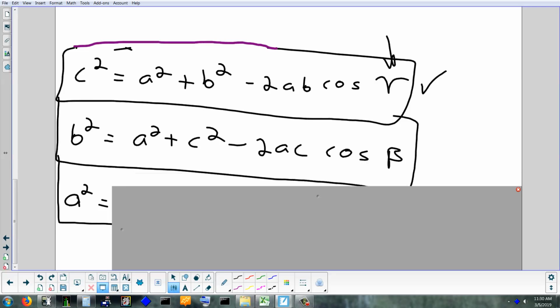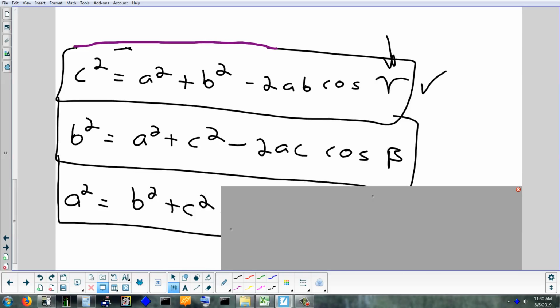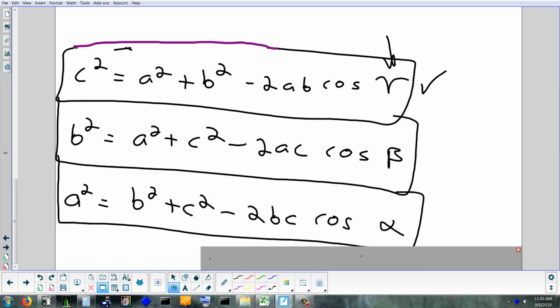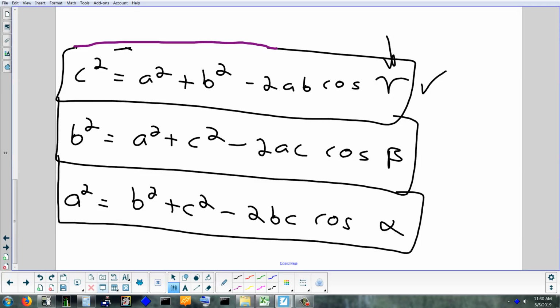And how about the last version? A squared equals b squared plus c squared minus 2bc cosine alpha. Yep. And you plug into whichever formula you have enough information to use. You never want to have two unknowns in the equation.